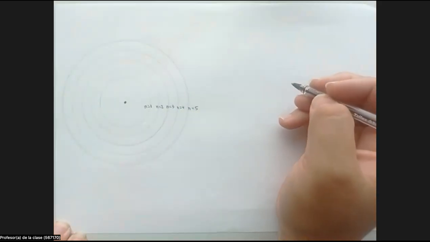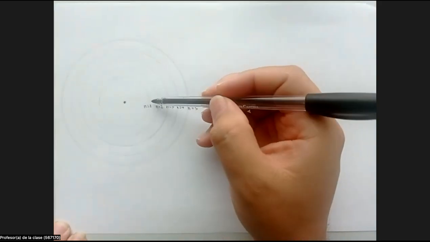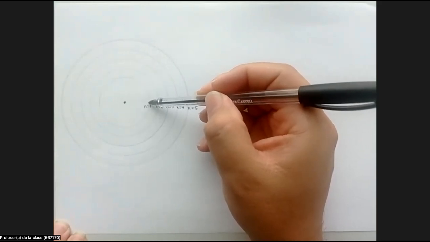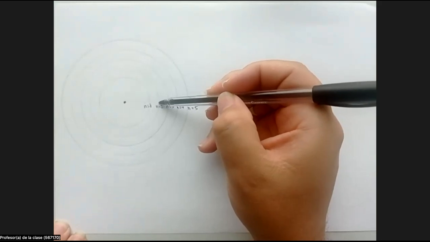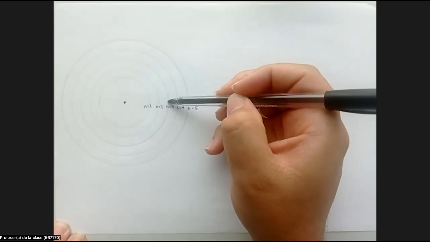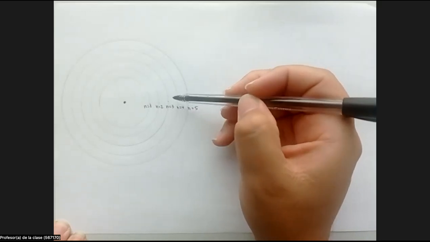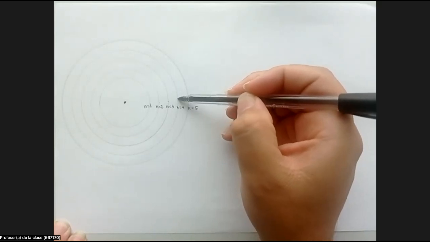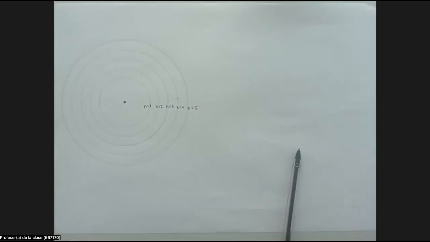Of course, if the first orbit is the ground state, the first excited state will be n equal 2. The second excited state, n equal 3. The third excited state will be n equal 4, and it continues. So the first excited state will be n equal 2. So the answer is false.